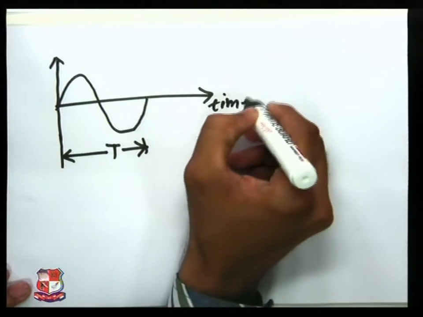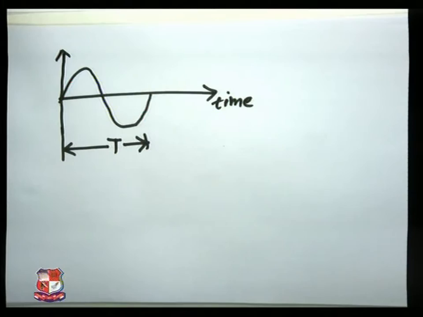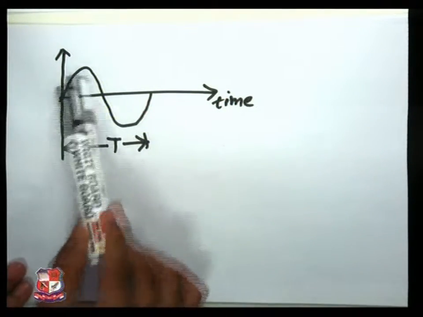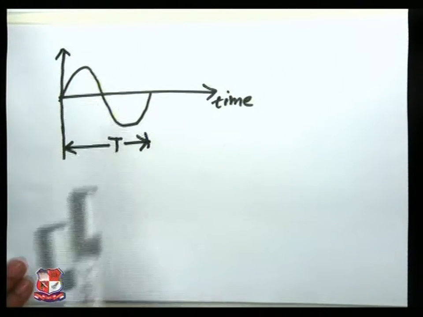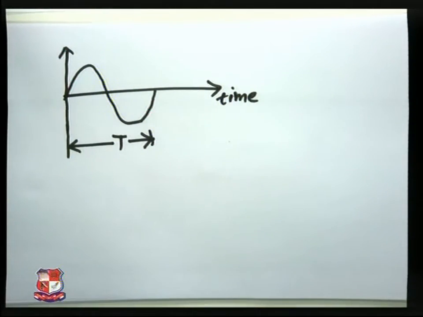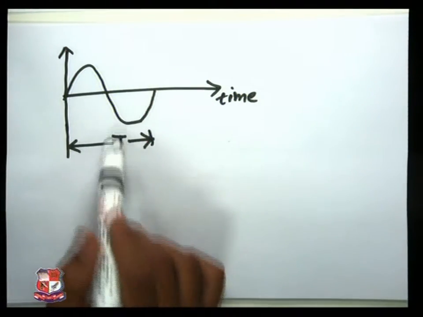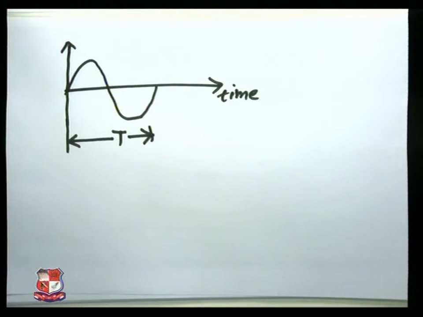That is the time axis. So time period is the time taken by a quantity to complete one complete cycle. To complete one cycle, the time we require is known as capital T, and the unit is second. We have to write down the definition and we have to draw the figure also.